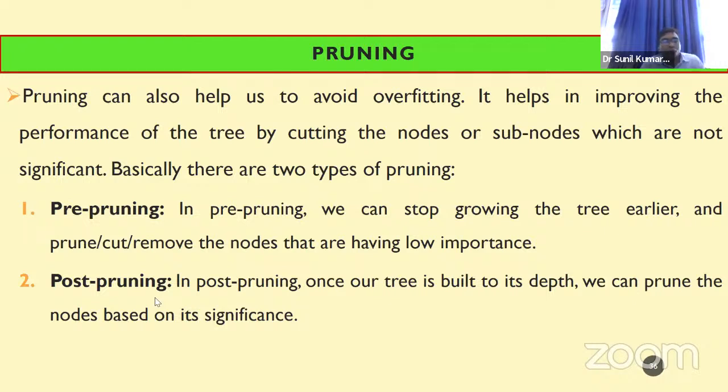First we build the model, whatever height it may contain, and then after measuring the significance of the attributes, we prune the tree. These are the two approaches, and they are helpful when our model is suffering from overfitting.